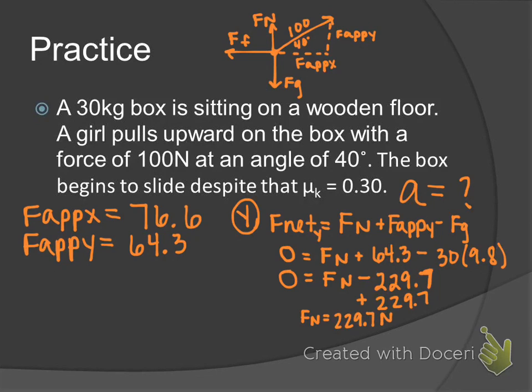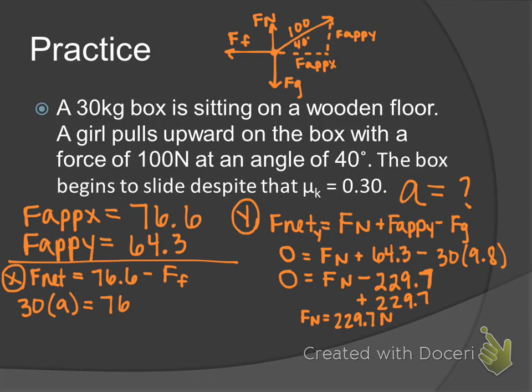So now we can start looking at our x direction. Okay, so I'm going to pull that over here. We want to solve for our horizontal acceleration, so we're going to say F net equals, what's our positive horizontal force? Yeah, good. F applied x, which is 76.6, minus our frictional force, right? Okay, so I'm going to say mass times acceleration, and I'm going to go ahead and put numbers in there. 76.6.